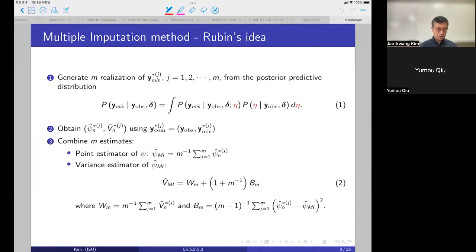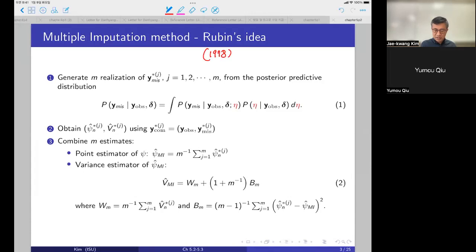And so the multiple imputation idea was originally proposed by Professor Rubin in 1978 and drew a lot of attention. So that's a very genius idea. So basically through imputation using Bayesian. So that part is not really novel, right? I mean, that's quite natural.